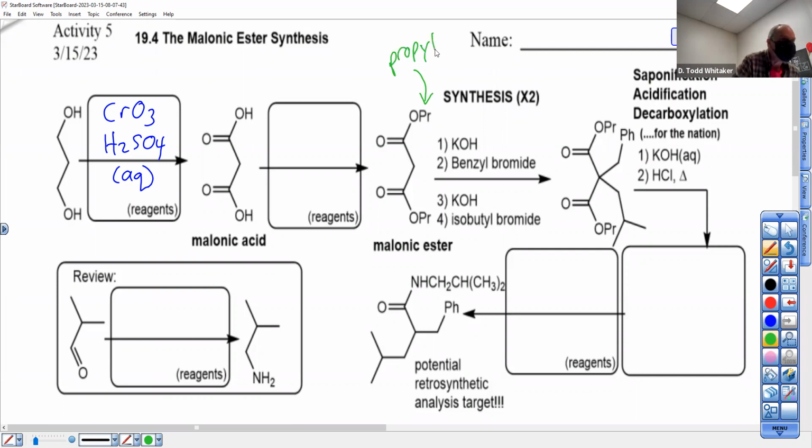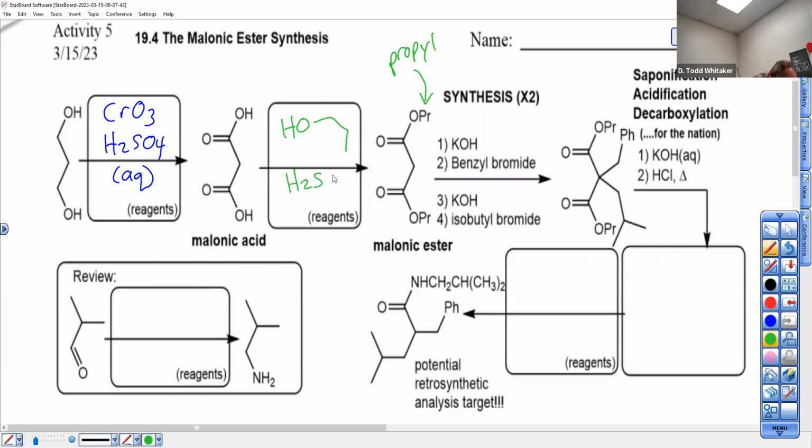So I need to make propyl esters, correct? I mean, you could write PrOH, but at least show me you know what a propyl is, you know? I would accept HOPr. That's fine.